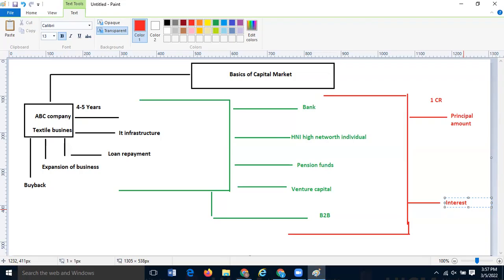If they do not pay, some loans are secured loans, in which they will tell you to keep the property papers or your company with us, and when you pay back our amount, we will give them back. Some are called unsecured loans. Unsecured loans for high amounts are not given because everybody needs assurance.